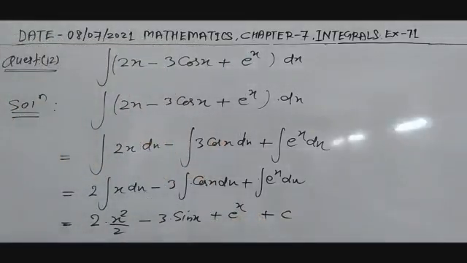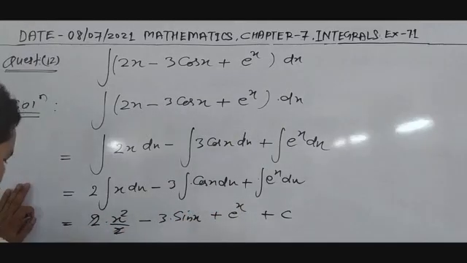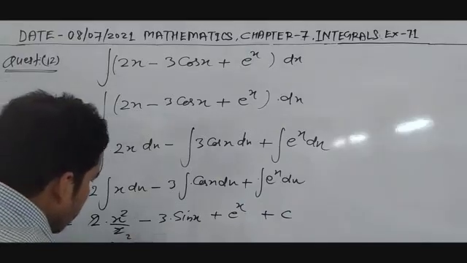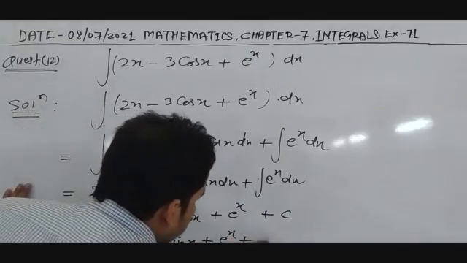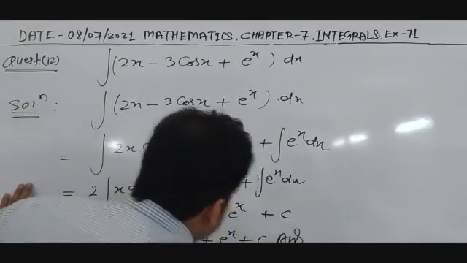So answer will be, 2 to cancel out, x square minus 3 sin x plus e to the power x plus c, that is the answer.